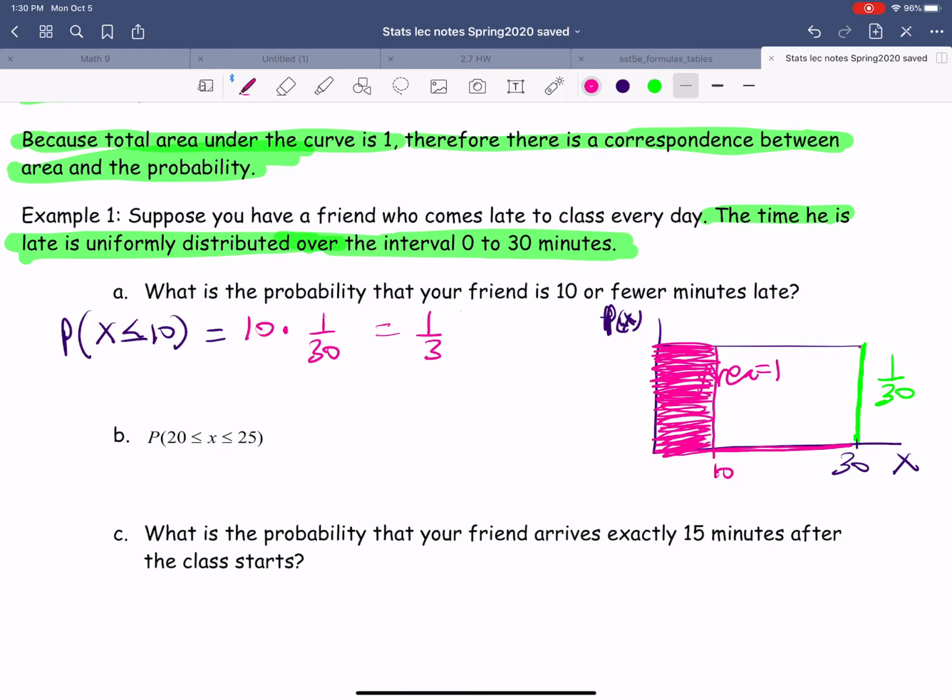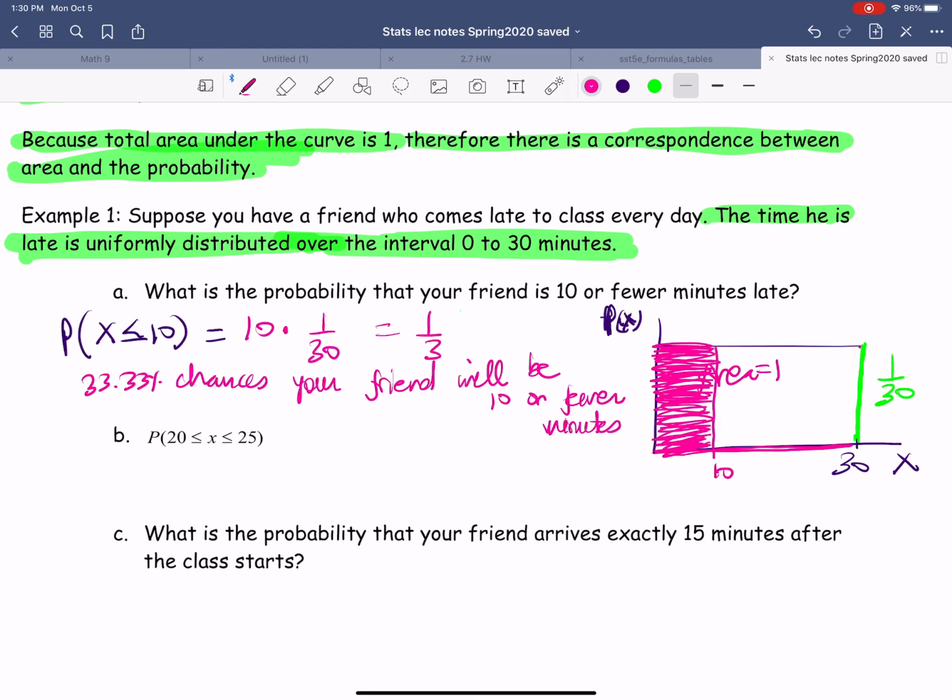So 33.33% chances, if you want to change it to a percentage. Always interpret your answers. Your friend will be 10 or fewer minutes late.